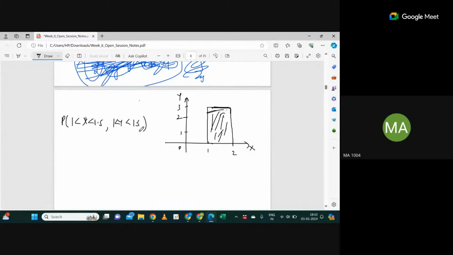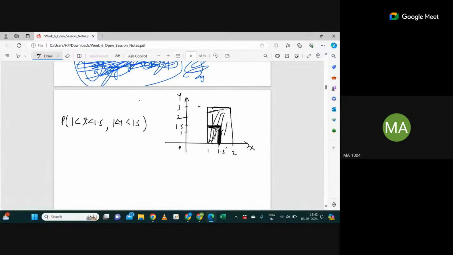This is a rectangle, so what is the area? It is 3. Now we have to find when x is 1 to 1.5 and y is 1 to 1.5, which is somewhat like this.